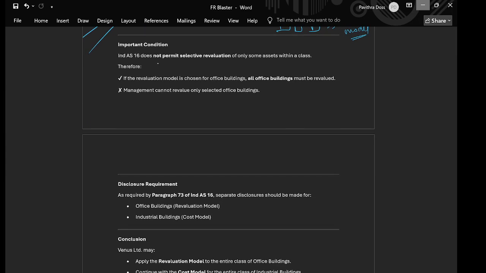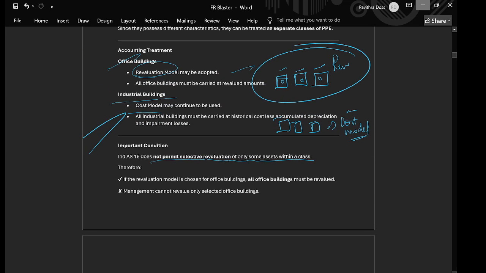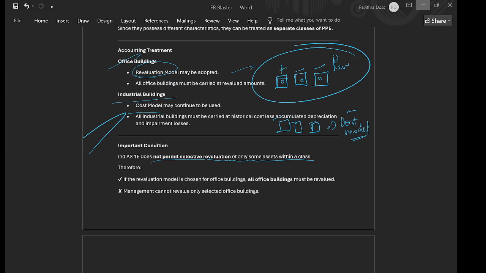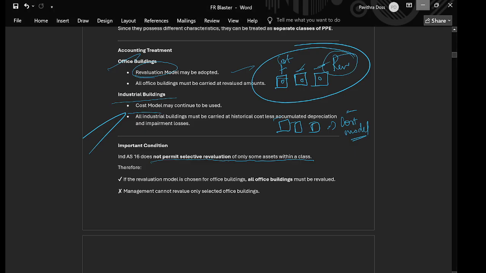Now, IND AS 16 does not permit selective revaluation for only some assets within the class. So I cannot say that for office building 1 I will use cost, and for the others I will use revaluation. That is not possible. Inside a single class, you cannot have different revaluation methods being followed.